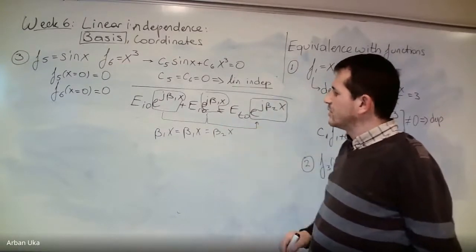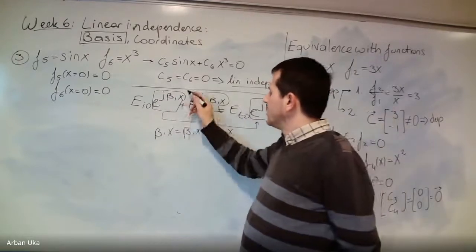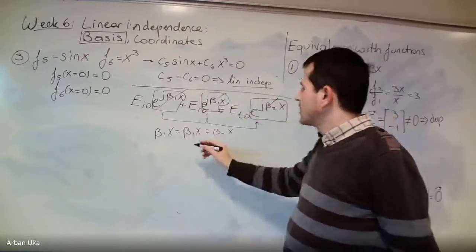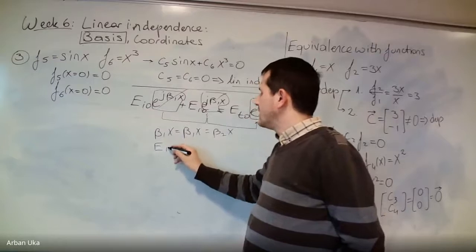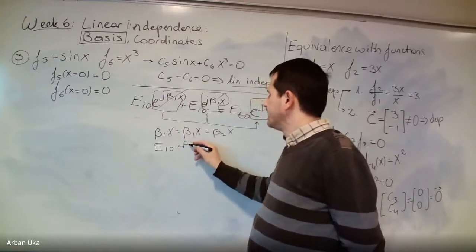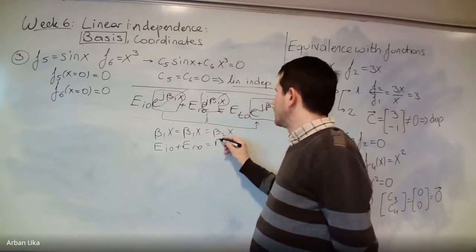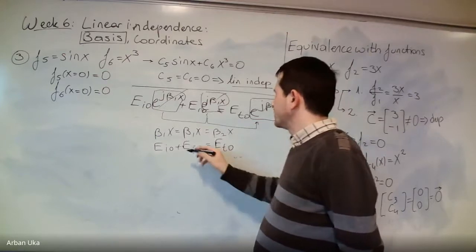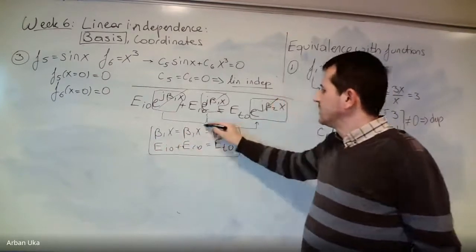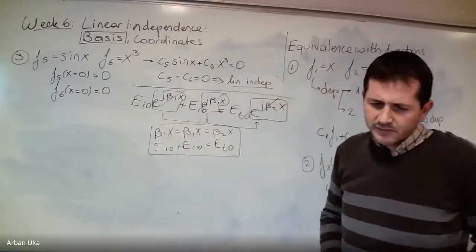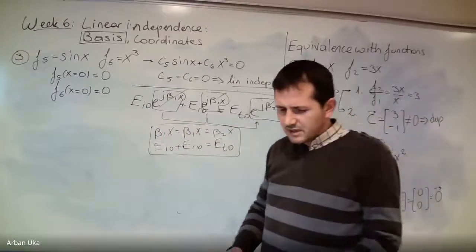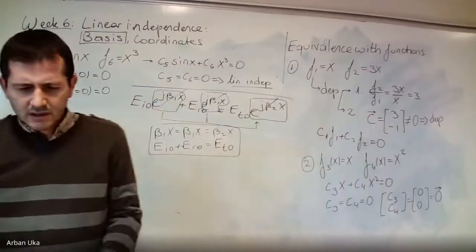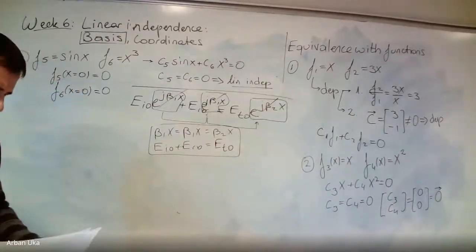So we get an equation here. Then, if you cancel all of these like this, we can also conclude the following, that ei0 plus er0 is equal to et0, okay? So this is all that we can conclude easily from the good understanding that we have regarding the linear dependence or independence of the functions.